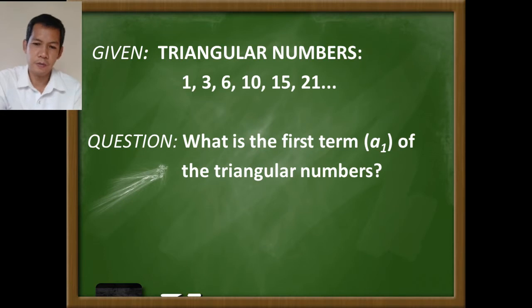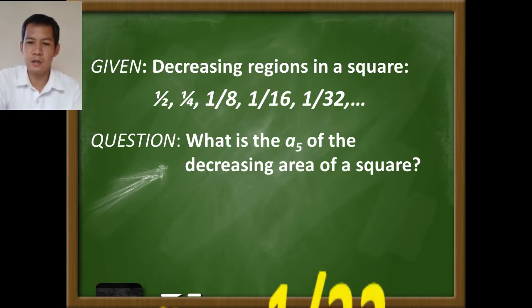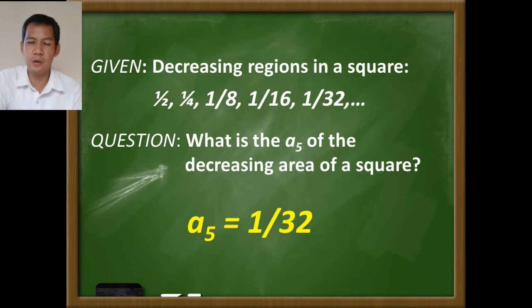Your answer is 1, and you are correct. Number 2. Given the decreasing regions in a square, what is the fifth term or A sub 5 of the decreasing area of a square? If your answer is 1/32, you are correct.